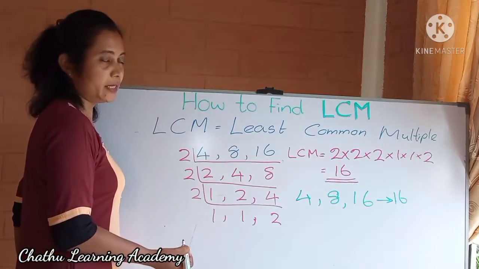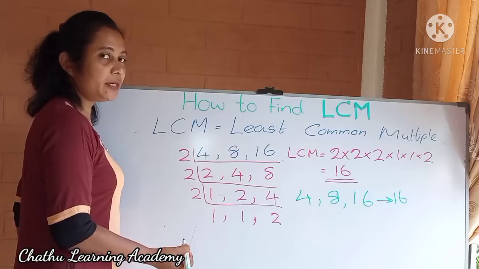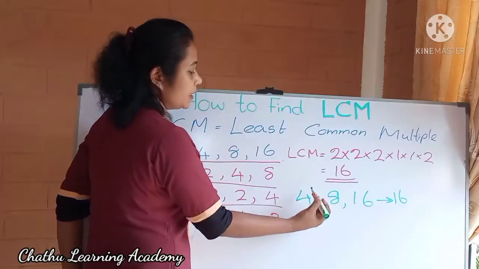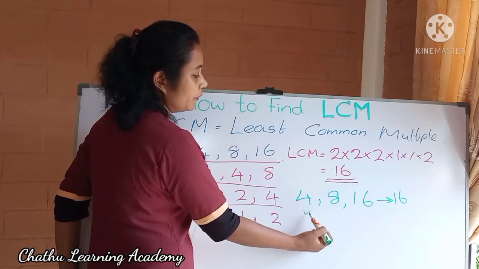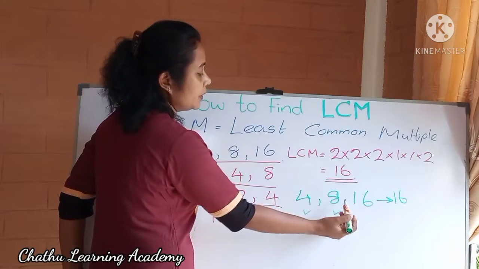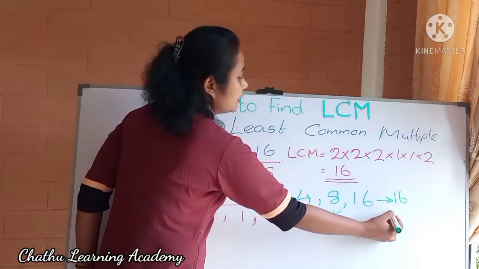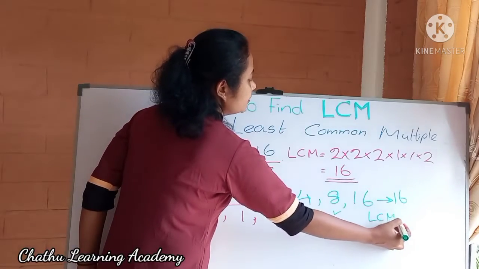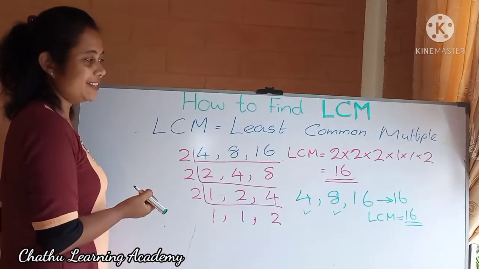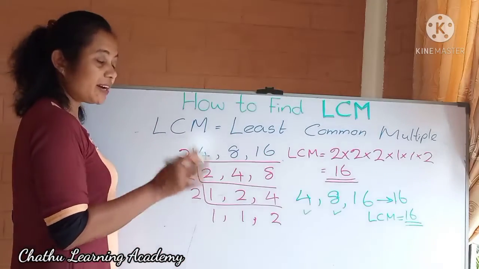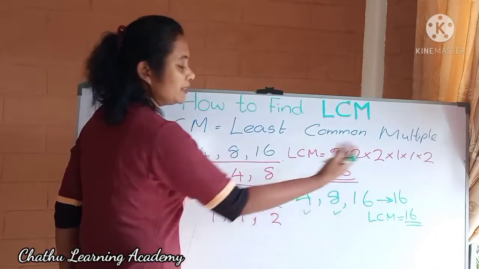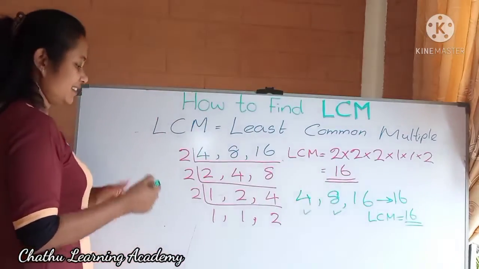Then after that we want to check whether it's a multiple of these other two numbers. Here it's a multiple of 4, and 16 is a multiple of 8 also. Then we can select the LCM as 16. Very easy. Within 1 second, you can get the answer by just observing these given numbers.